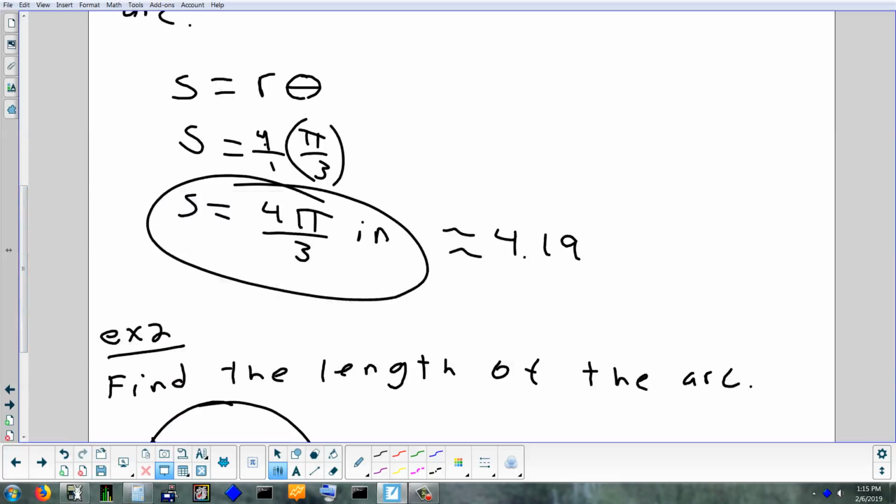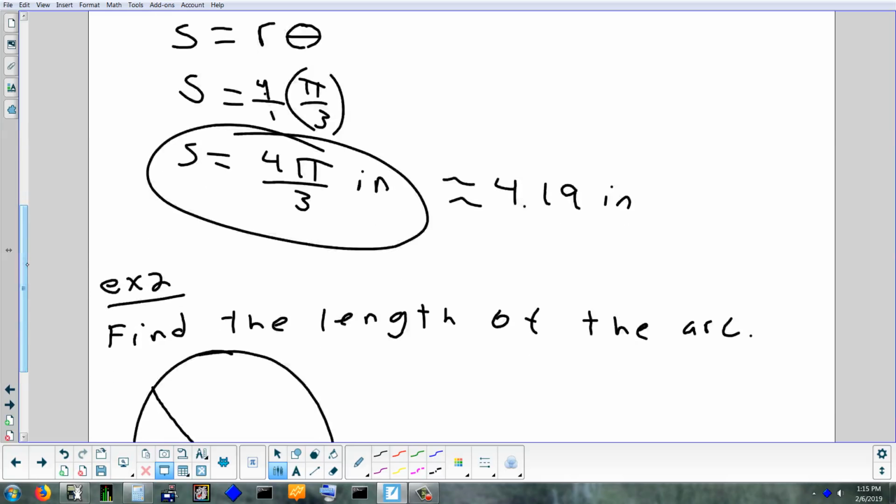You don't have to put 0.190, but if you're in machine tech, you might think of things in thousandths of an inch, so it's like 4 and 190 thousandths of an inch. But if you write 4.19, that's fine. Okay, any questions on that?